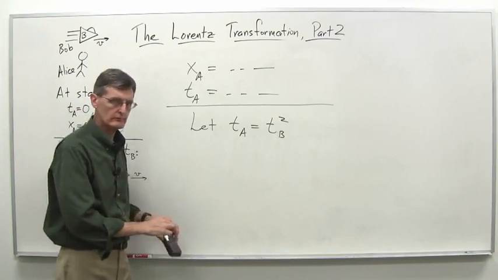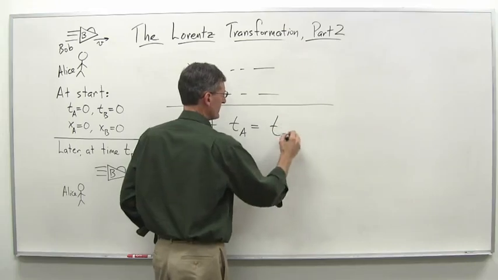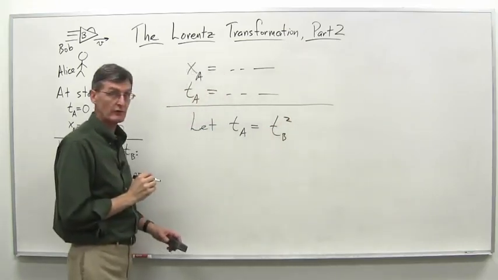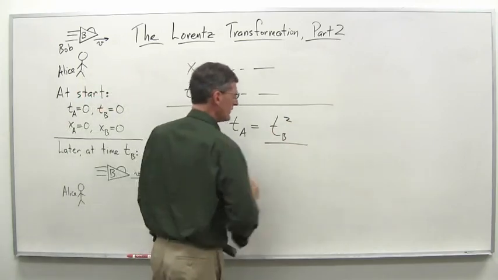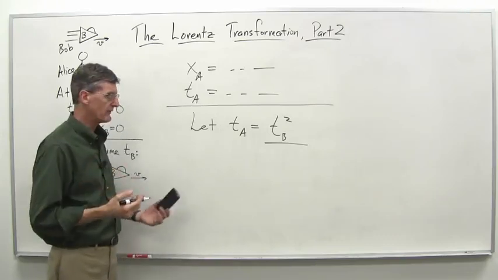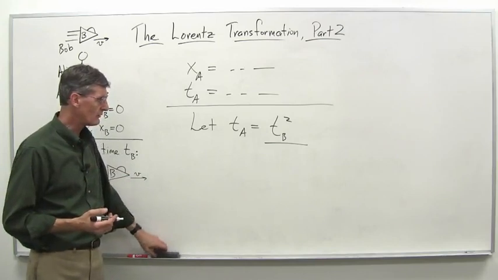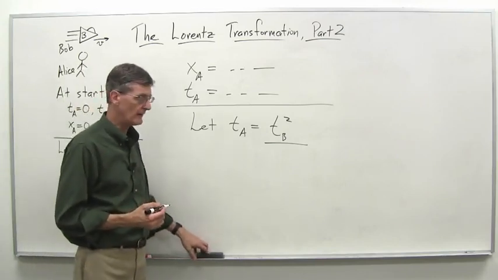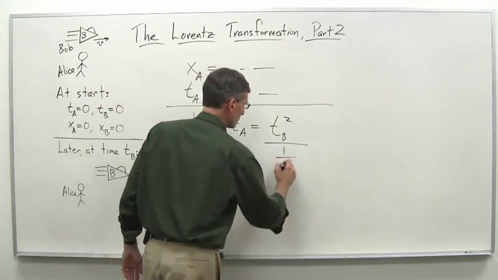In fact, we could do something like this. So that's seconds squared on the top. I need to get seconds here, so I need something in the denominator that involves seconds.